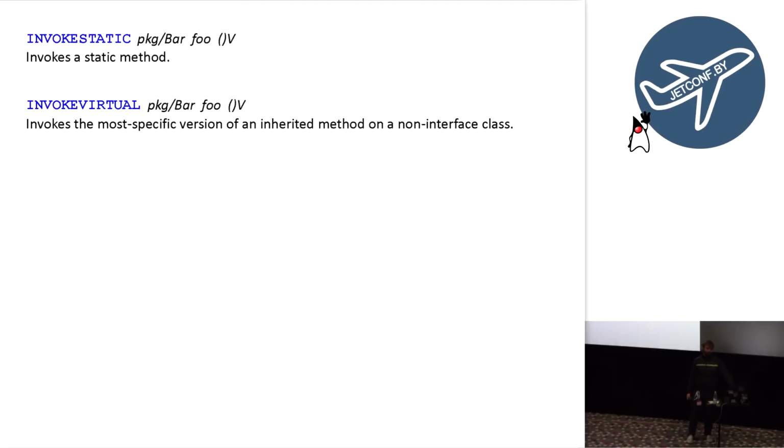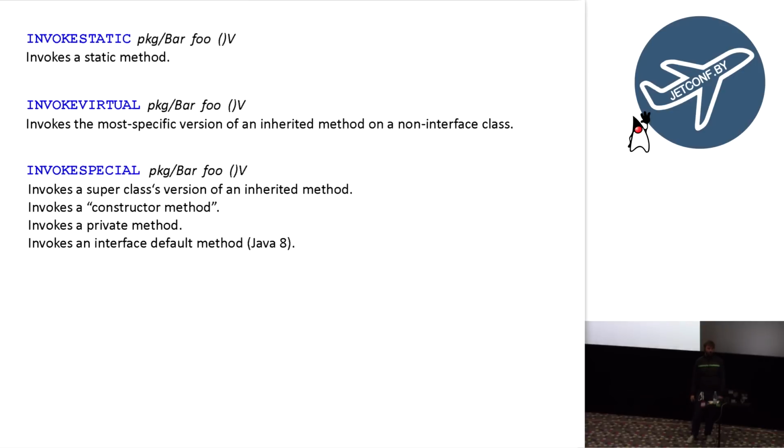We've seen the virtual instruction. Then there's two more. There's invoke special. And invoke special is basically the dumping ground for everything that is out of order, right? Invoking a constructor, for example, is done by invoke special because in the bytecode format, constructors are nothing but methods with a specific name. And again, you've seen that on your stack traces.